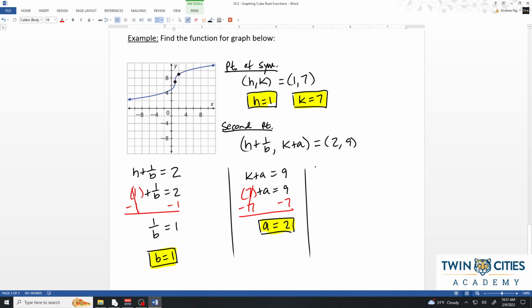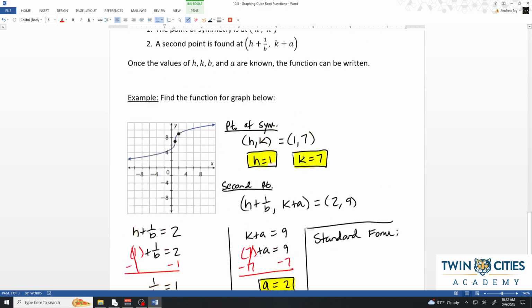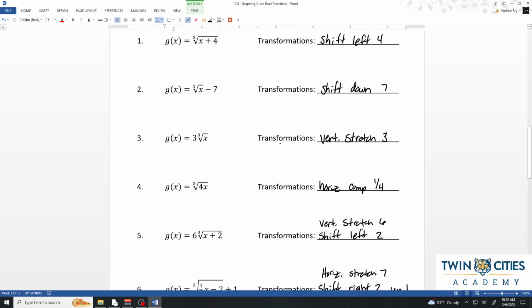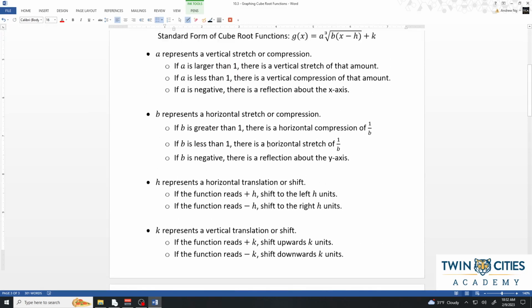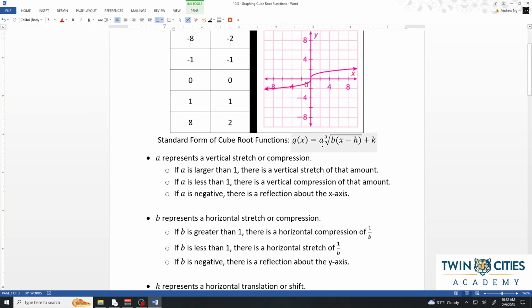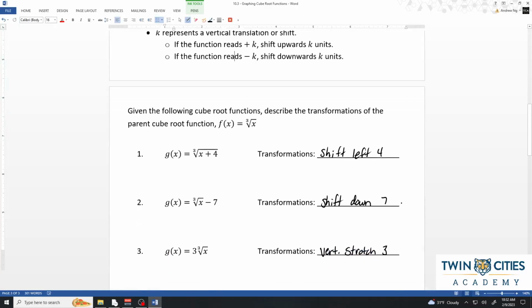And now that we have everything, we can put this all into standard form. So standard form is going back to a times the cube root of b, and then inside x minus h, and then plus k at the end.